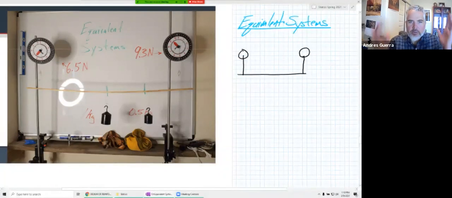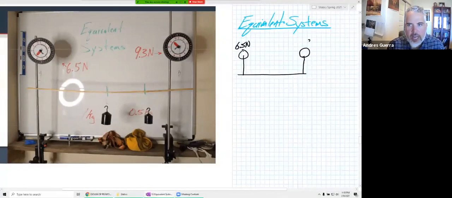And the strings we're basically assuming are going straight up and down. They're really close to straight up and down. And so we found we got 6.5 newtons on this one. And we've got 9.3 newtons on this one over here. And we've got these 2 masses that are suspended.